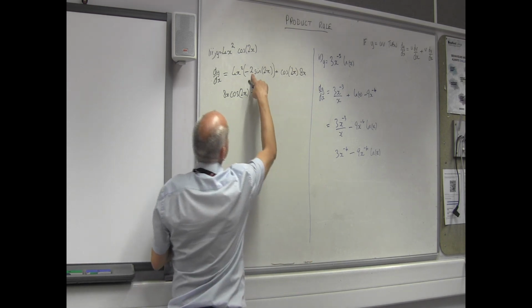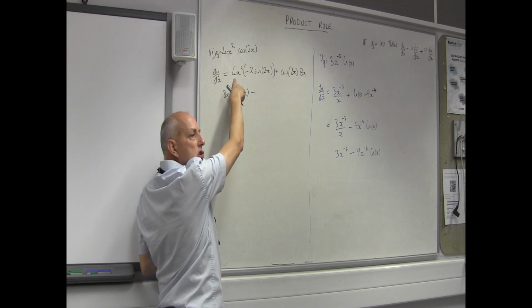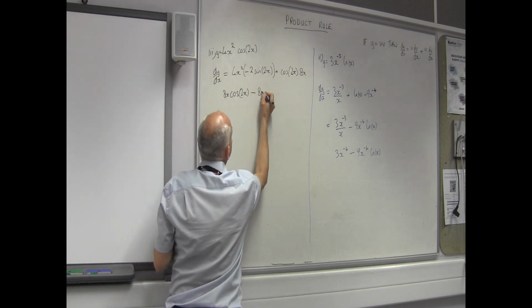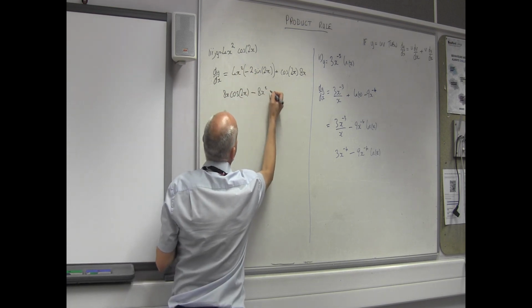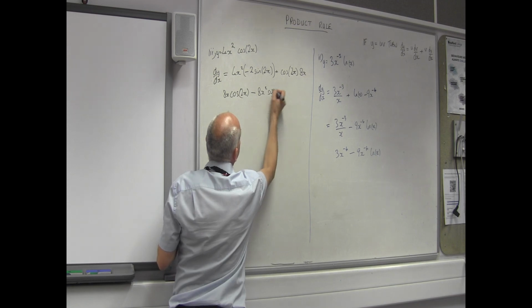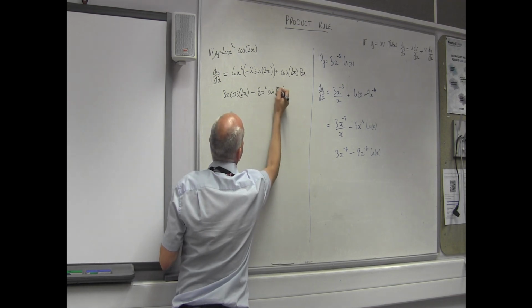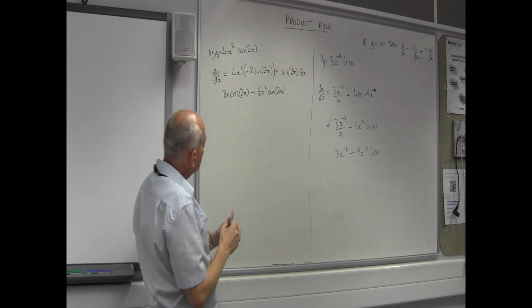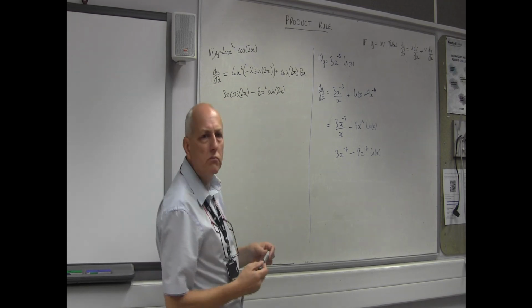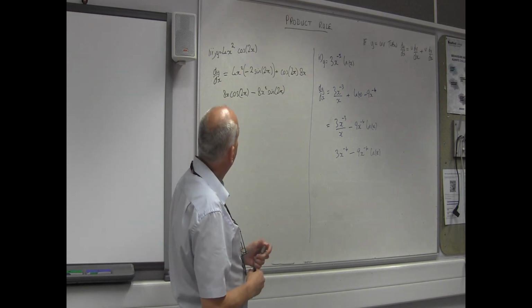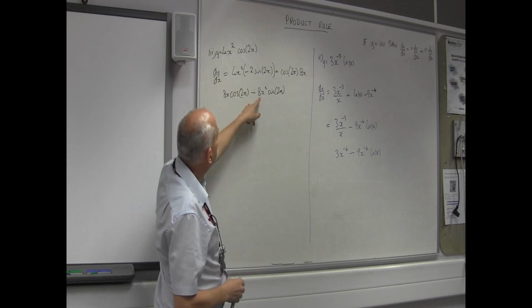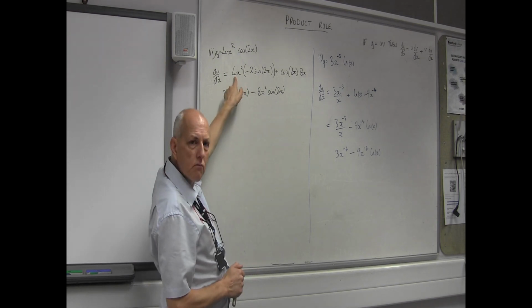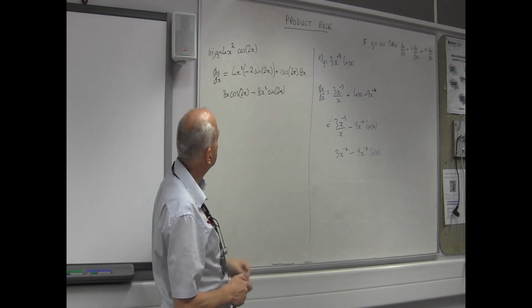Minus, bring this 2 together with this 4. 2 times 4 is 8. x squared sine 2x. Okay? Have we got everything there? So where's the minus 2 sign gone? I've multiplied it into this 4 here, which gives me 8.